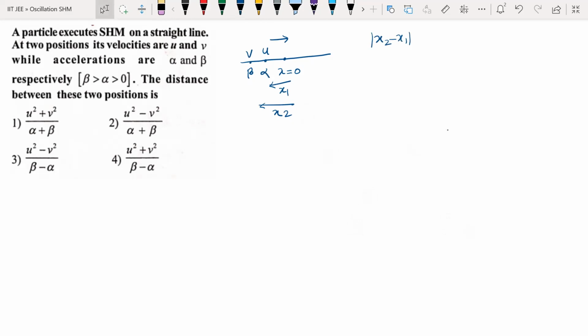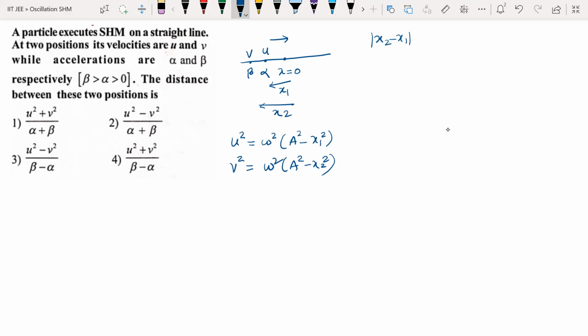Now, as we are dealing with displacement, we can write down the equation of velocity in terms of displacement. That is u square equal to omega square into a square minus x1 square, and v square equal to omega square into a square minus x2 square.